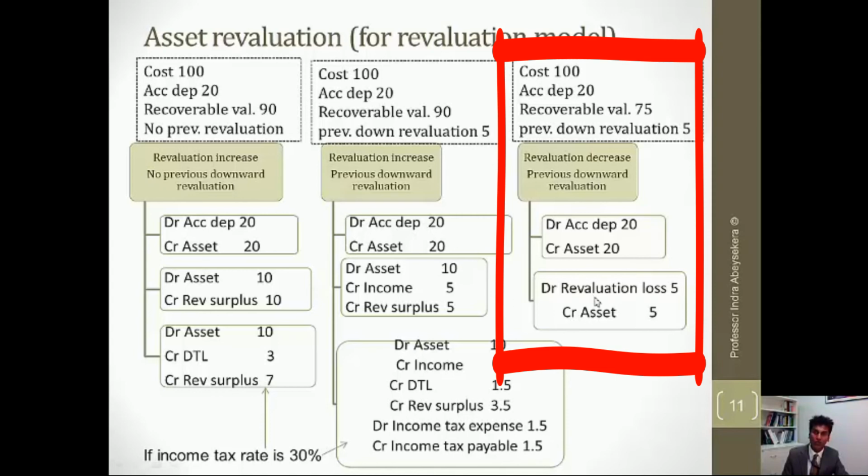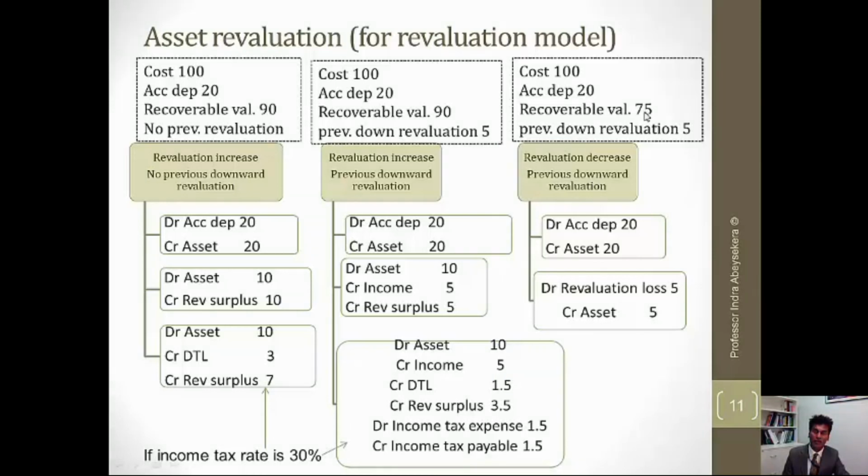Now there's a downward revaluation, so we recognize that loss in the income statement, loss in revaluation, and we credit the asset to decrease the asset value by 5, because the carrying amount was 80 and the revaluation value is 75, so the decrease is 5.